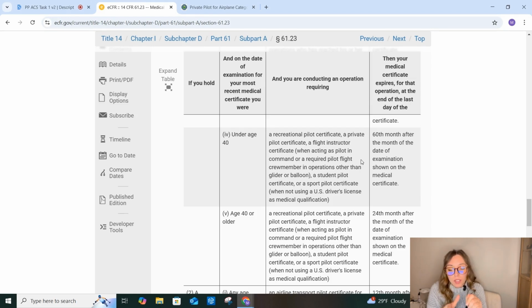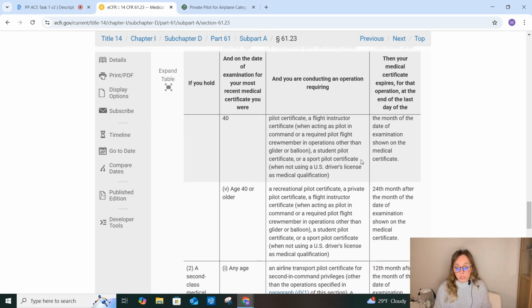After that, if you are under the age of 40, you get dropped down to third class privileges. So you hold the first class medical certificate, exercising third class privileges for the remaining 48 months. That's why it says 60 months. You have to subtract those 12 months that you were exercising first class privileges for, or could have been accessing first class privileges for.